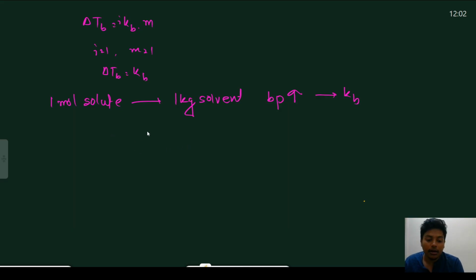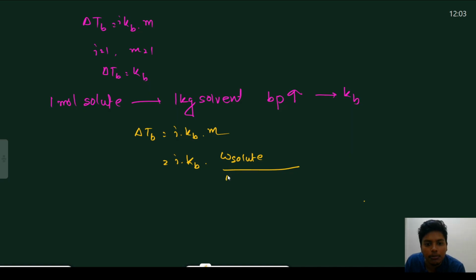Now from here, what kind of question? Again, they will ask mass of solute, molar mass of solute. How to get molar mass of solute? Delta TB is equal to i into Kb into m. Now, that Kb value, i value, I will separate. i into Kb. Okay, what is the molality? Molality means moles of solute by mass of solvent. Moles of solute means given mass by molar mass.